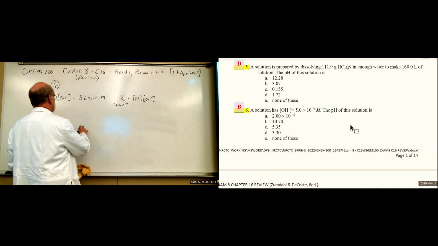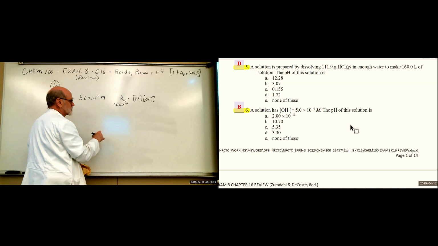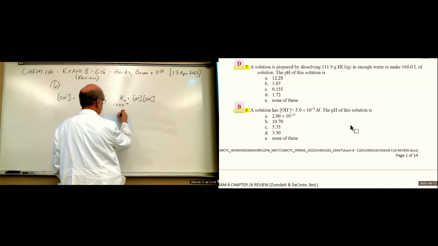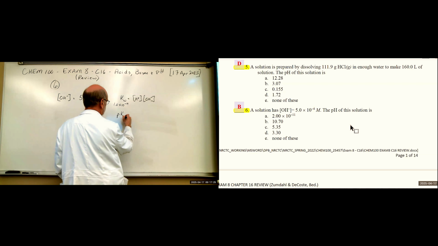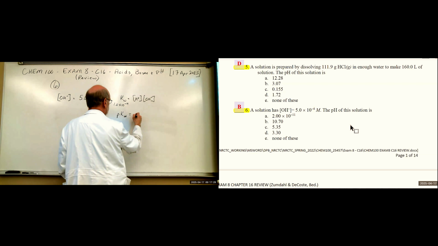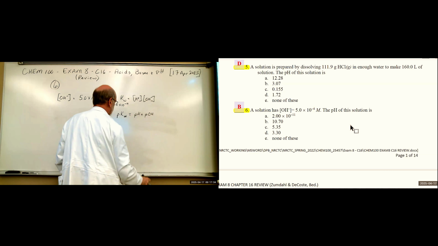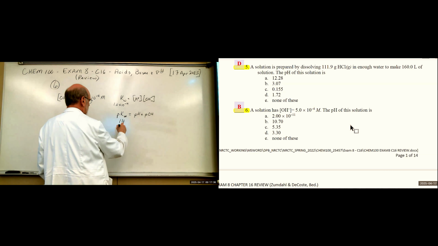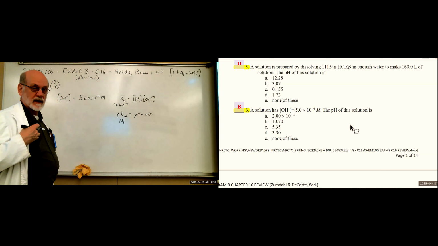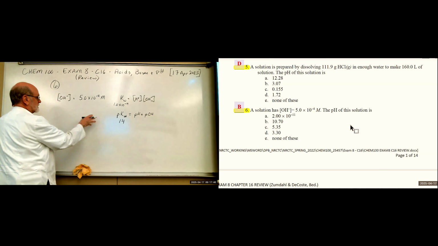Or you can calculate the pOH. pKw equals pH plus pOH, and this would be 14. I prefer the second method.